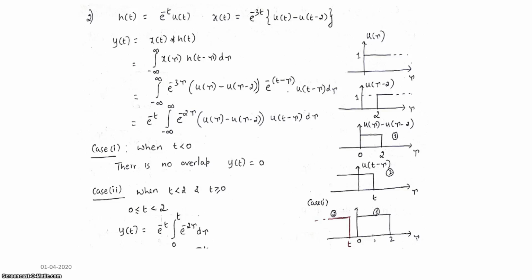I move the second signal from minus infinity to plus infinity. The first condition is t less than 0. In the figure shown, the value of t is less than 0. You can observe there is no overlap between the two signals. When there is no overlap, the output is 0, because anything multiplied with 0 is 0.